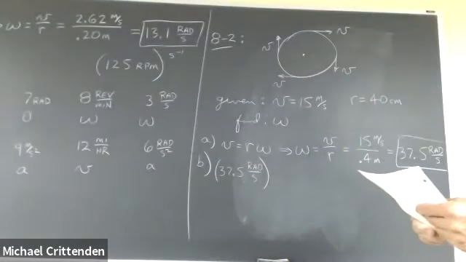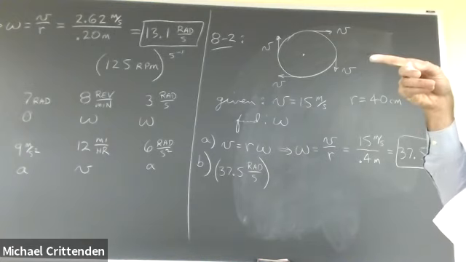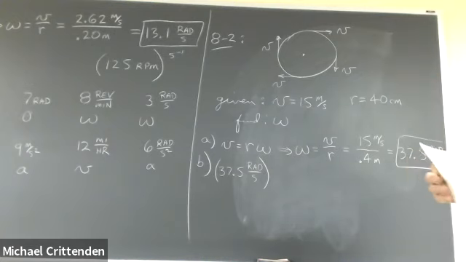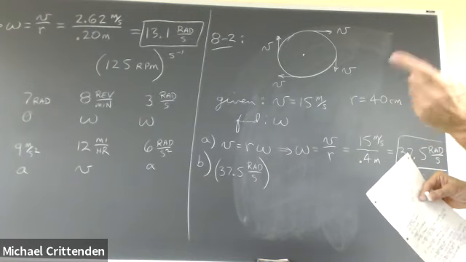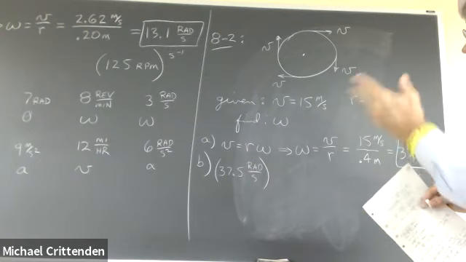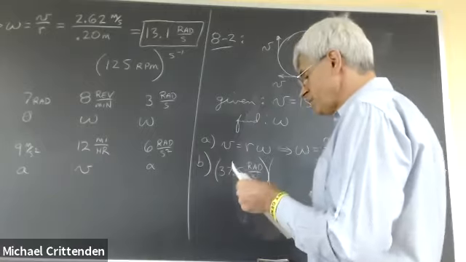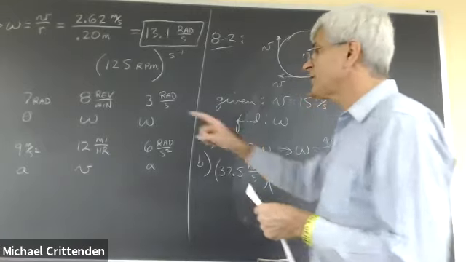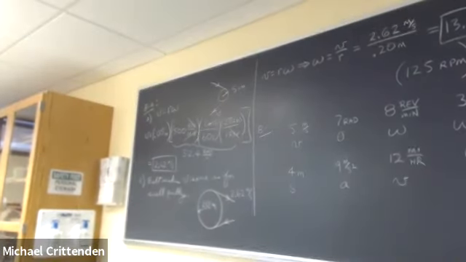In fact, it's not exactly the same as the one that I did with the pulley a few minutes ago. There, you started out with revolutions per minute, and we were trying to convert into radians per second. Here, it's the other way around. You're starting out with radians per second. So it's the same conversion factors, but this time they're all upside down compared to that one.